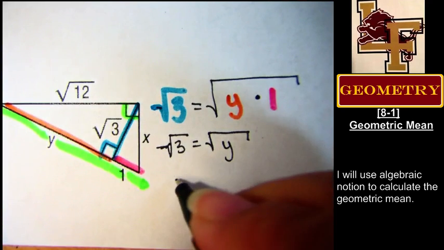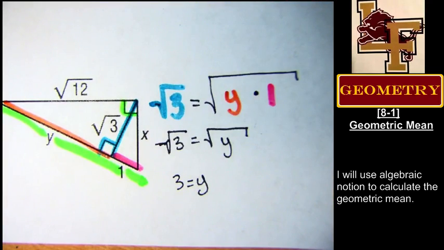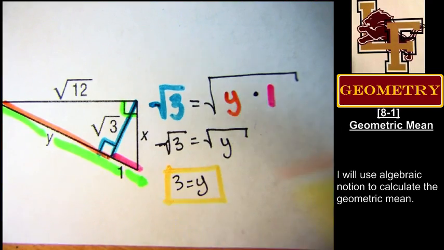I can get rid of the square root. That's it. I'm done. Look, I found y. I don't know what x is, but we'll get to that part. Easy enough?